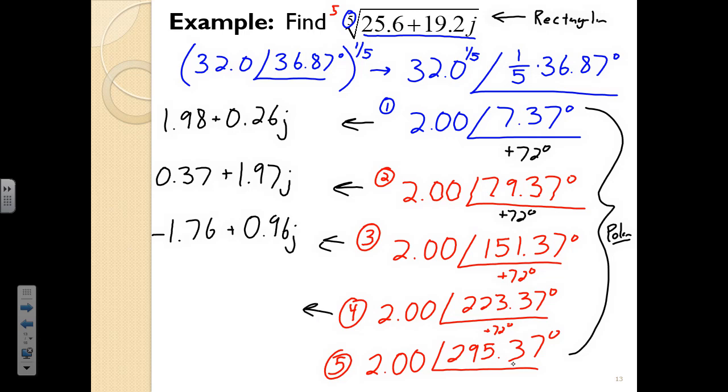The fourth one turns out to be negative 1.45 minus 1.37j. That was down in the third quadrant. And our fifth one, which was down in the fourth quadrant, is 0.86 minus 1.81j. You can either do those by hand or check them on your calculator, but there they are in rectangular form as well.